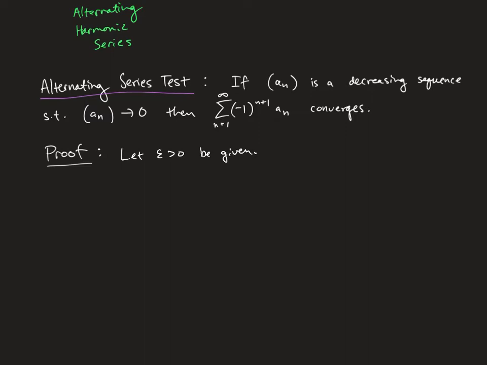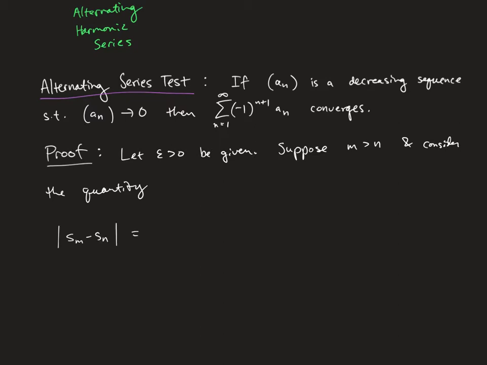So suppose that m is bigger than n, and consider the quantity, the absolute value of S_m minus S_n.